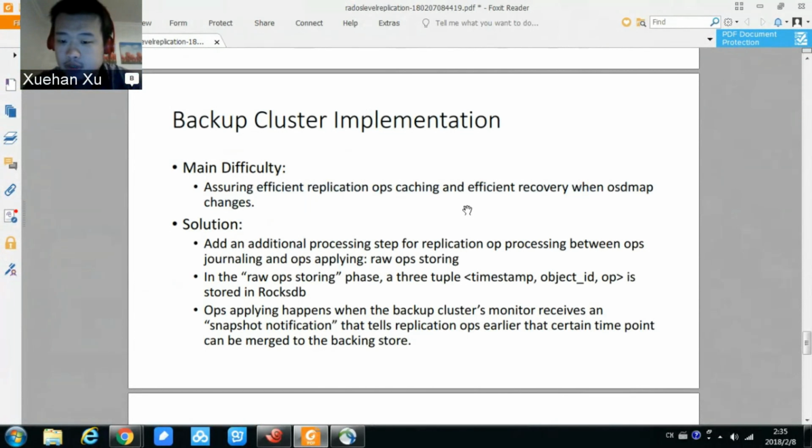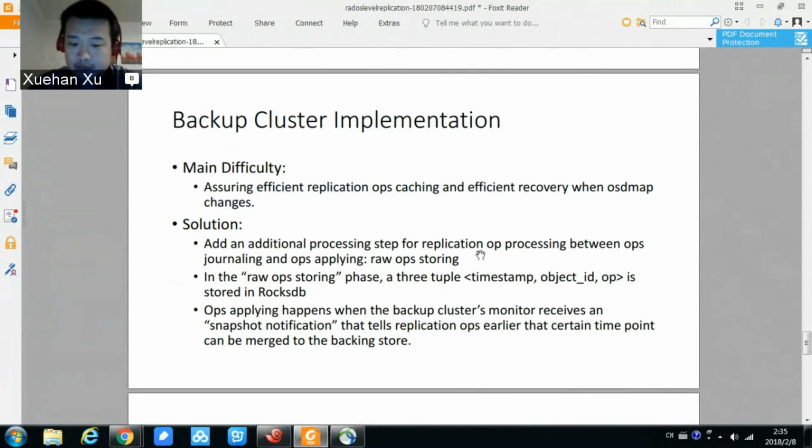But when considering the recovery or backfill phase, when the OSD map changes, making that process efficient and at the same time maintaining efficient replication ops caching could be a little tricky.